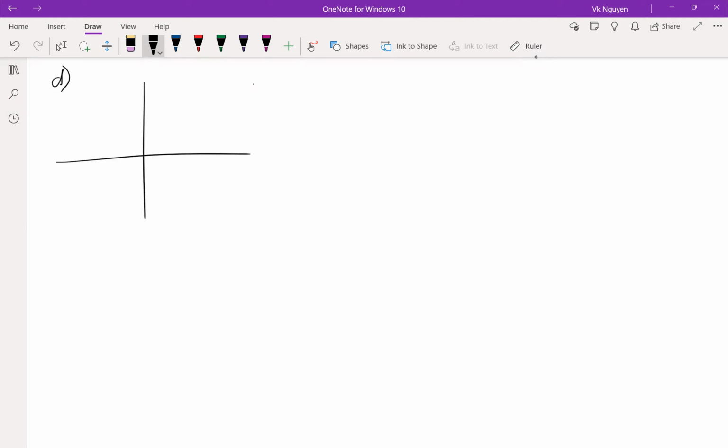One more. Let's take a look at D. We have a function that looks like this. And this function is symmetric about the origin.